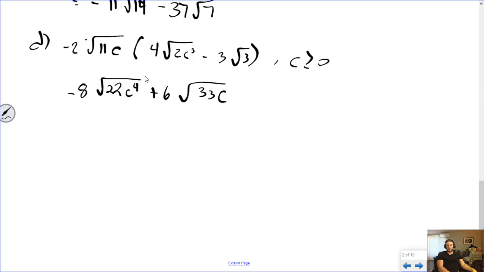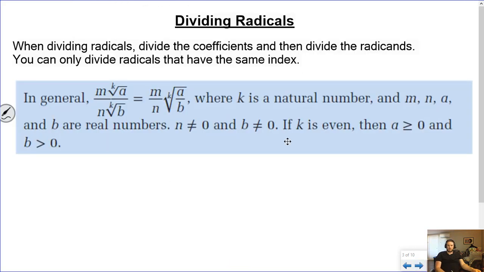So whenever we have something underneath our radical that has an answer, we're going to take the square root of it. So the square root of c to the fourth is c squared. So this is negative 8c squared root 22 plus 6 root 33c. Okay, so just a couple of examples for adding, subtracting, and multiplying.